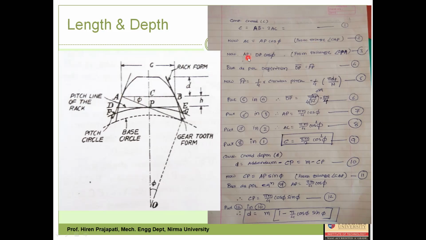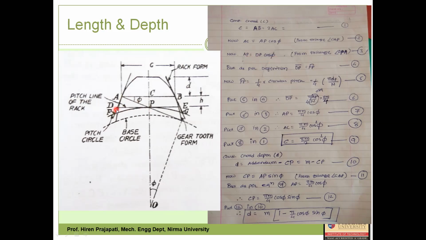To find AP, let's go to the second triangle, DPA, where DP is the hypotenuse, AP is a side, and the angle between line AP and DP is phi. Again I apply the cos phi principle. Cos phi is equal to the nearest side, AP, divided by the hypotenuse DP. Then AP is equal to DP times cos phi. So that is our equation 3.